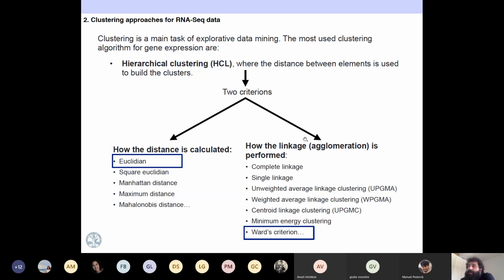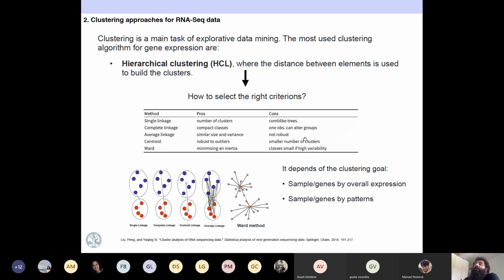You have complete linkage, single, and unweighted average linkage clustering, that is UPGMA, weighted average linkage clustering, that is WPGMA, centroid linkage clustering, minimum energy, Ward criterion, etc. The one that we are using in most of the RNA-seq analysis is Ward criterion. That said, sometimes it's not good, but as I said, we usually use it because it is the default in some of the tools.